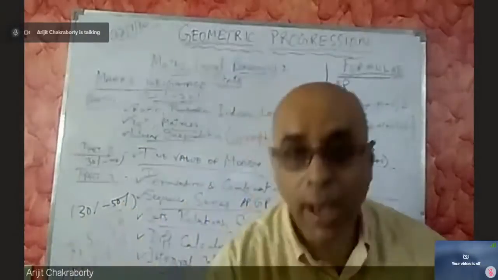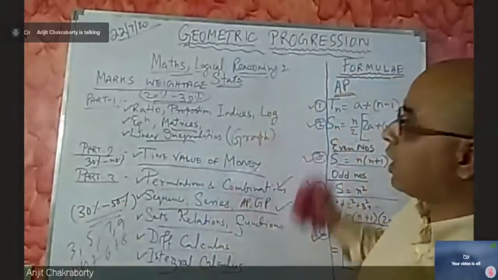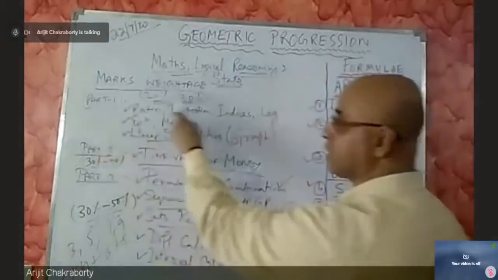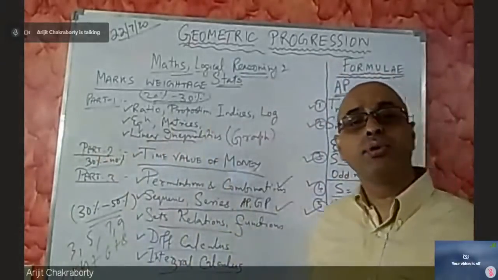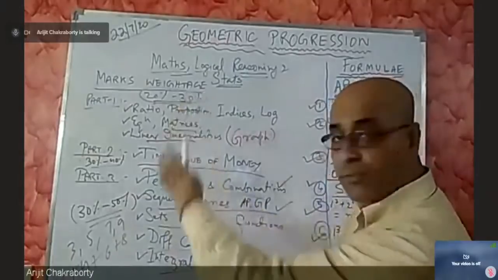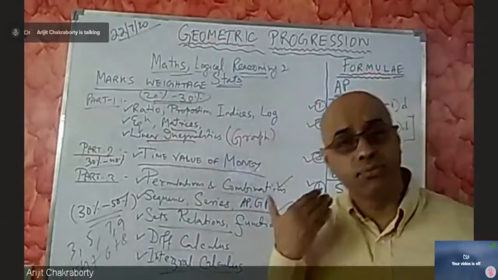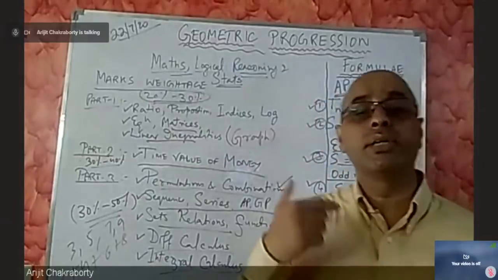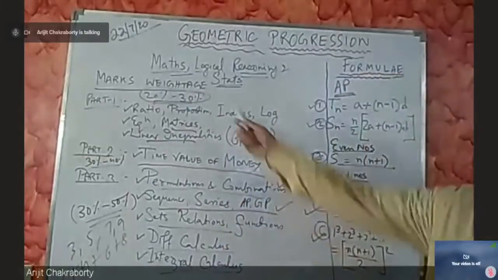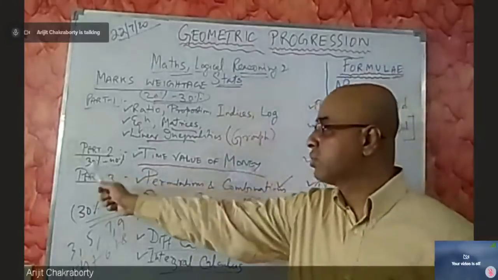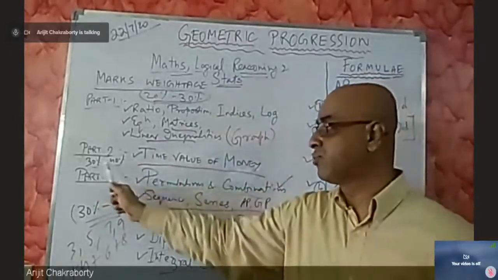So now let us go back to GP. I'll rub this part. So you can see part 1 is 20 to 30%. I hope all of you are clear with the 40 marks which are going to come from mathematics, how they are going to be distributed. So 20 to 30% once again. Part 2, time value of money, 30 to 40%.